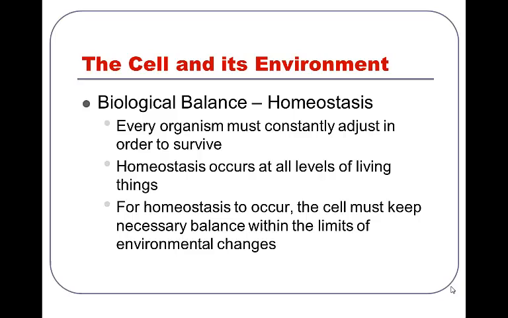And for a cell, really what it comes down to is the environment. Most cells don't have flagella. In fact, in your body, there's only a few types of cells that have the ability to actually swim and move. Most cells are kind of stuck where they are. So what the cell has to do is maintain a balance within whatever limits of the environment it's in.